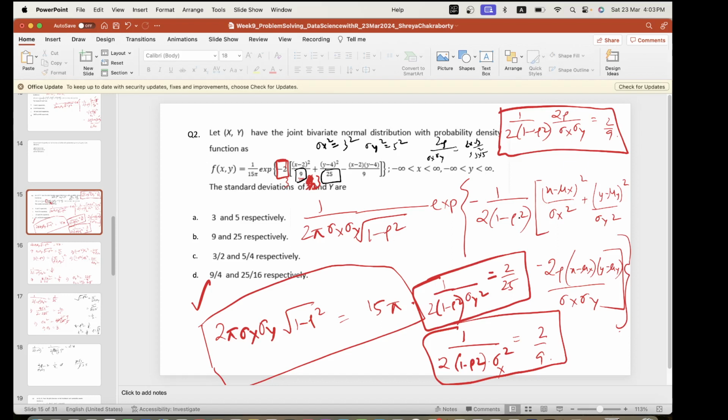Here what I did was I included this coefficient and the coefficient of x minus 2 into 1 minus 4, that is 2 rho sigma x sigma y, and then that was equal to this one and this one by this one.